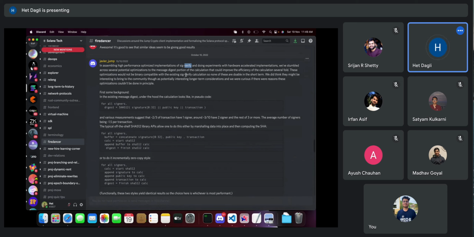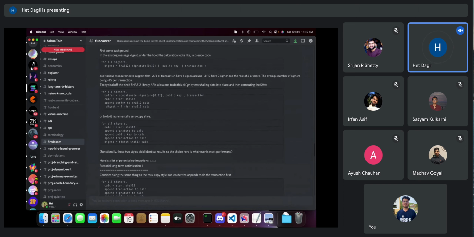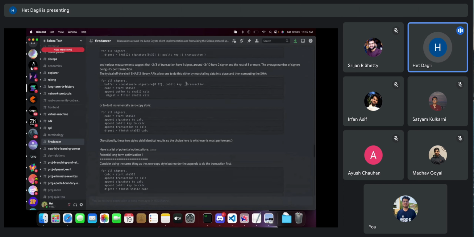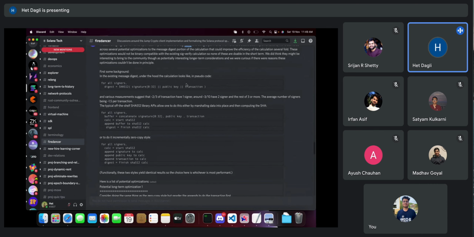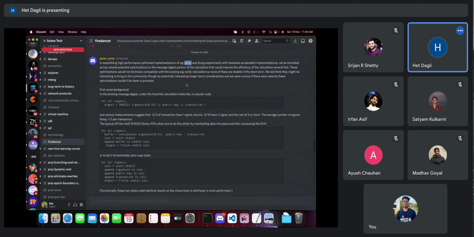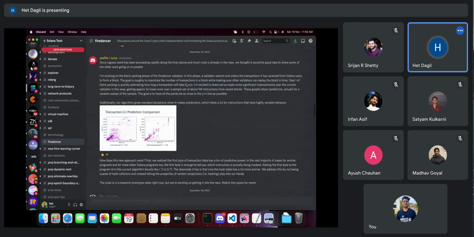There is a constant flow of them, I forgot the numbers, and you somehow need to optimize for that. So there was a talk about how they optimize signature verification through hardware acceleration and other stuff. And the third one was about how to efficiently do block packing.